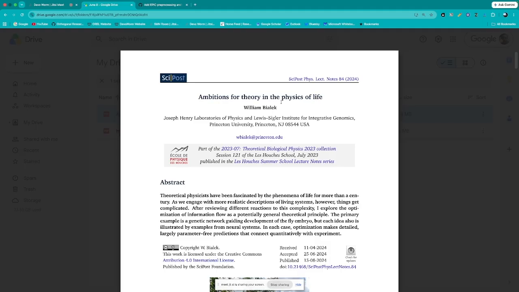Very interesting work. But he considers in this paper, and this is kind of like the paper we did a couple weeks ago on CompuCell3D, this is called Ambitions for Theory in the Physics of Life. So he's a physical biologist interested in this physics of life idea, and he's interested in building theory around that.